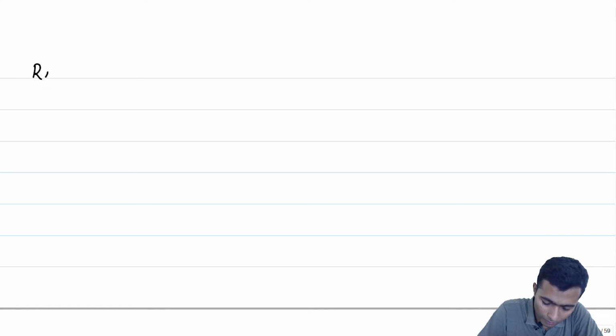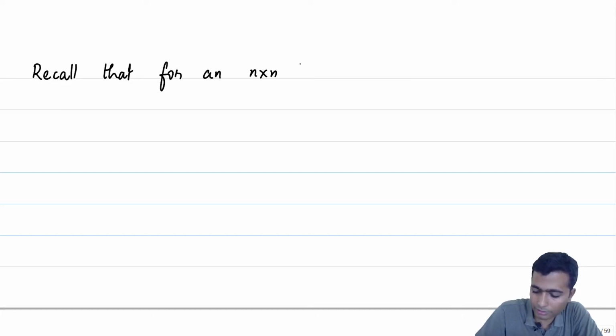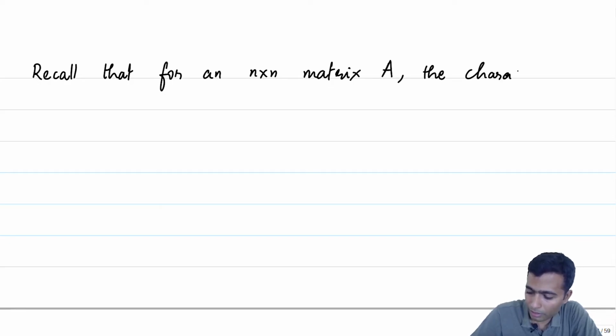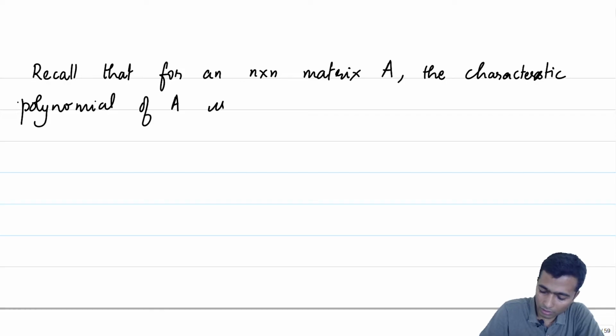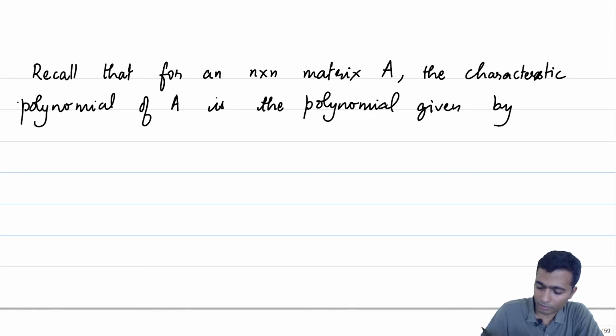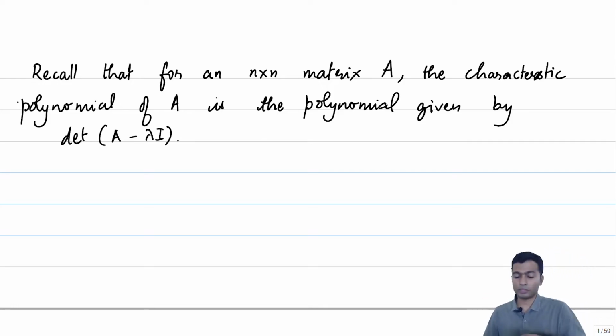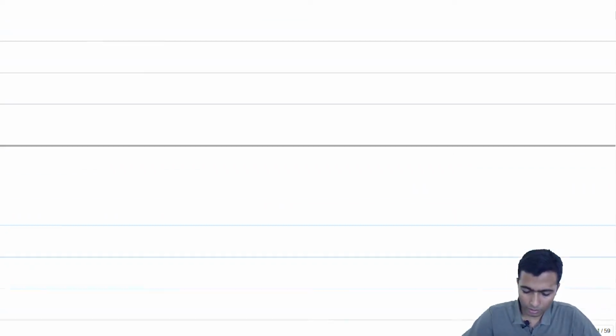So, recall that for an n cross n matrix A, the characteristic polynomial of A is the polynomial given by the determinant of A minus lambda I. So notice that this is a polynomial in lambda. We'll come to that in a minute.